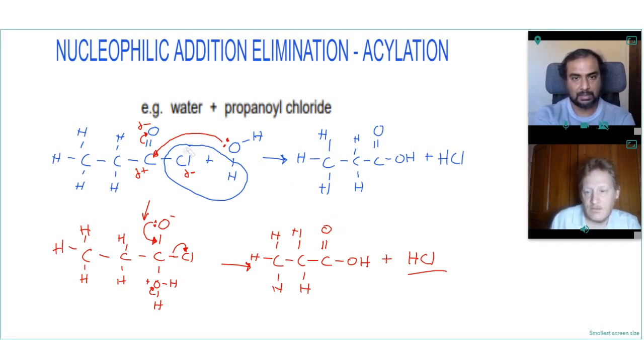It's simpler to say a nucleophile is an electron pair donor. An electron pair is going to be attracted to a region of low electron density, which is the delta positive carbon here.